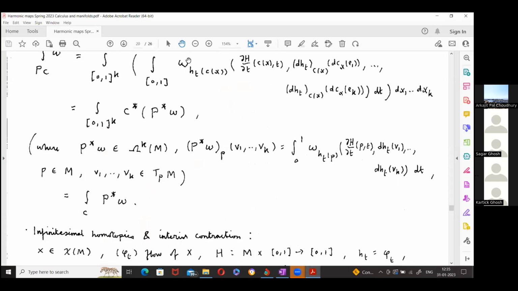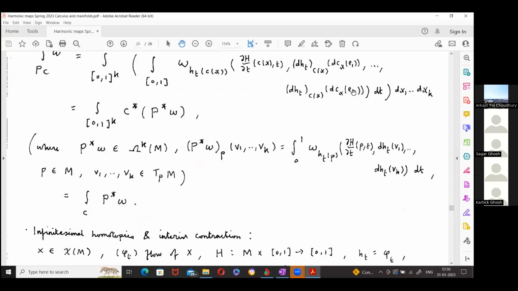And if you look at this integral inside here, this is basically the pullback of P star omega by C star. Is it clear? This is P star omega at the point C(x), applied to dC_x e1 to dC_x ek.